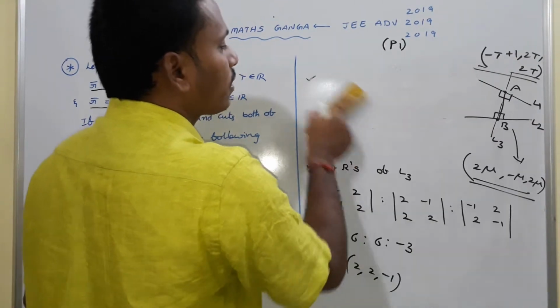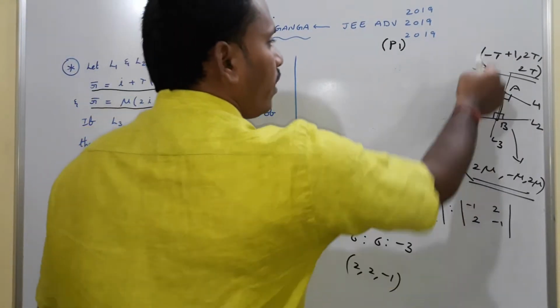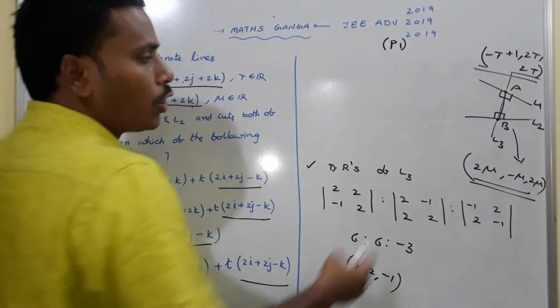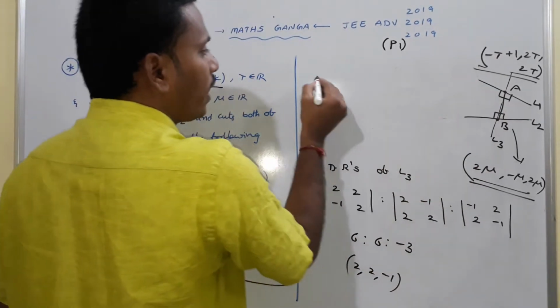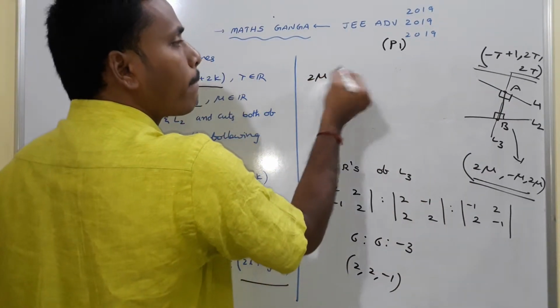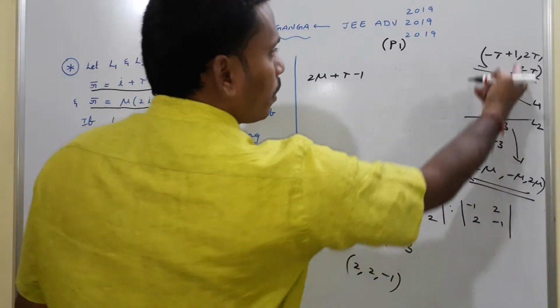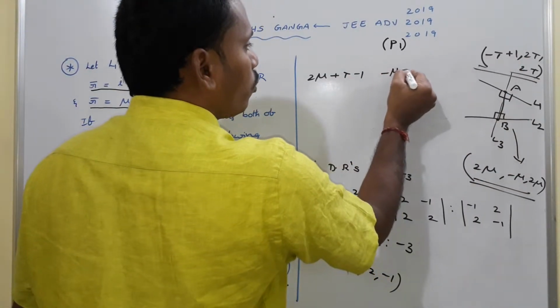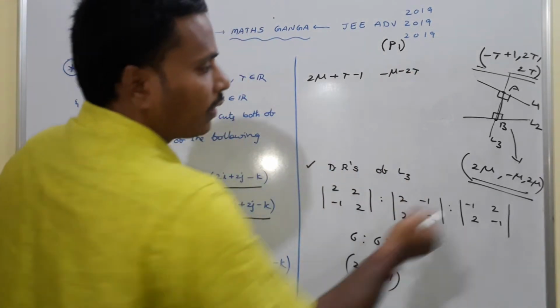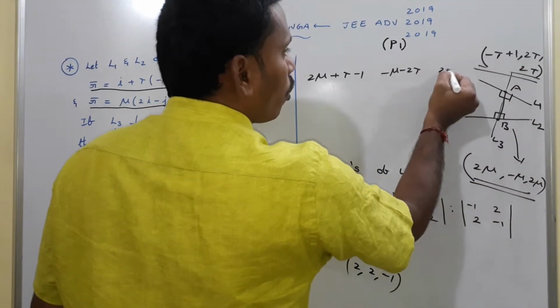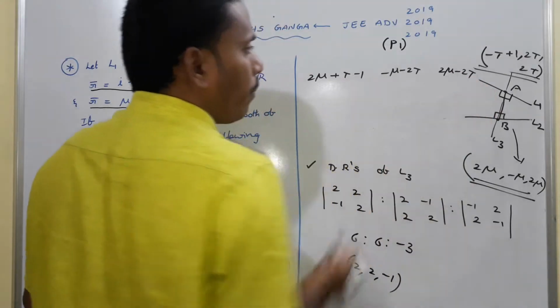How will be the DRs for 2 points? Difference between their corresponding coordinates. So the difference between these x coordinates is 2 mu minus of minus lambda plus 1, and again the difference between these two values is minus mu minus 2 lambda, and then the difference between these two values is 2 mu minus 2 lambda.